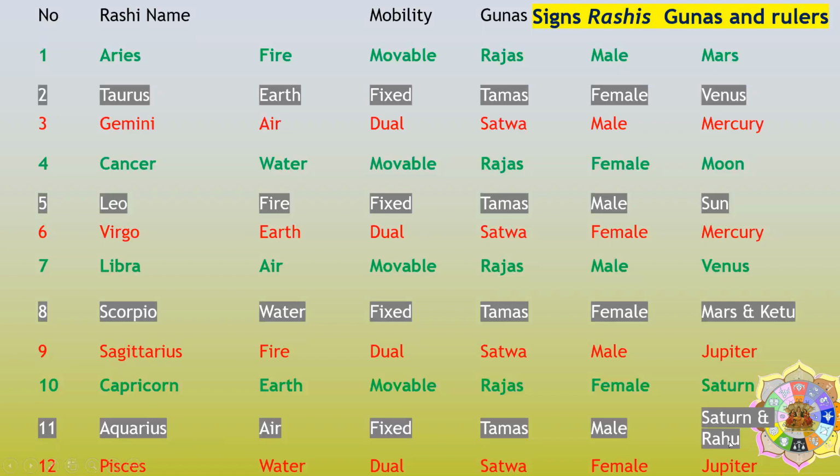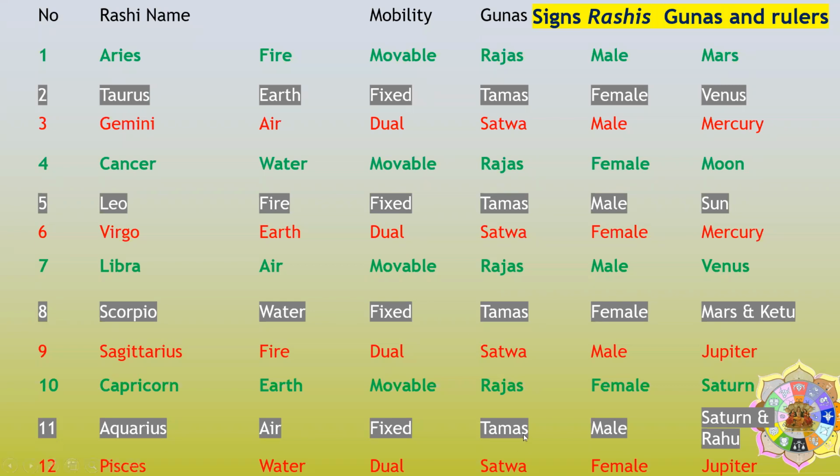Next time we will also go into the fact that there are 4 signs, which is very interesting: Virgo, Scorpio, Aquarius, and Pisces. All these signs have 2 rulers, and we will go into the reasons why, because it'll be very interesting.